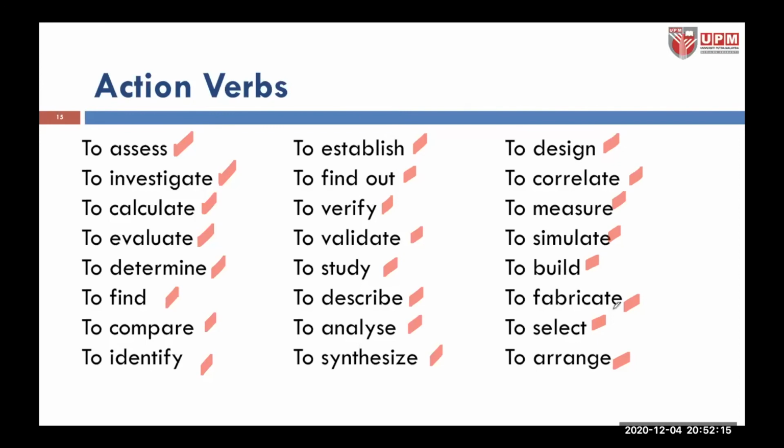They put the methodology inside the research objective, which is wrong. Normally, we do not put the methodology that you want to use. For example, you want to do simulation or you want to do experiment using this and that. You do not spell it out in the research objective.